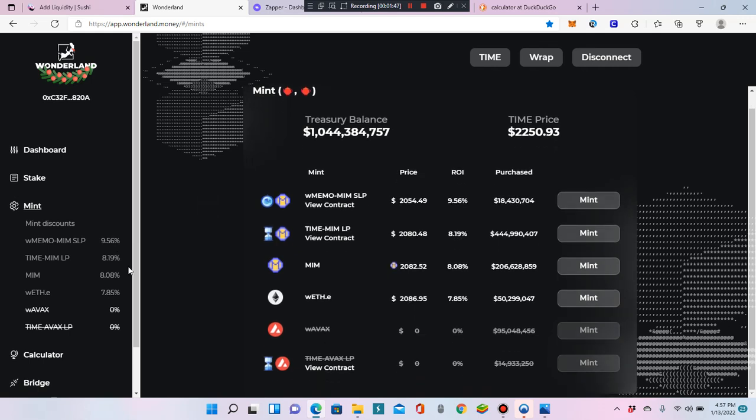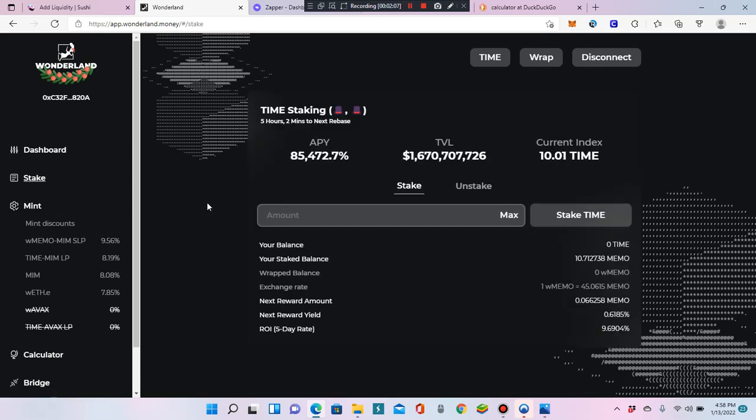I'm going to show you guys my really quick do-in-your-head formula of how to determine whether it's more beneficial to mint versus just stay staked. I come to the highest one and look at that, and then I pull up the stake menu and look at the 5-day ROI.